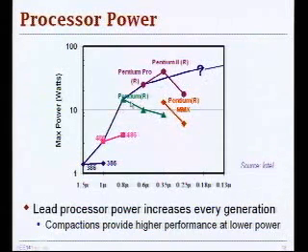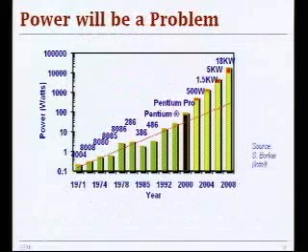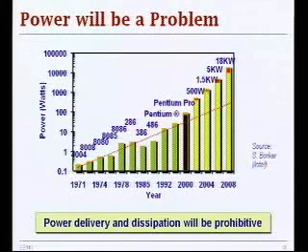And shrinks and compactions also reduced power consumption for the reasons we explained last time. So, point number one, compactions provide higher performance at a lower power. If you continue to do business as usual, power will continue to increase and it will be a problem. The problem here is heat removal and power density.